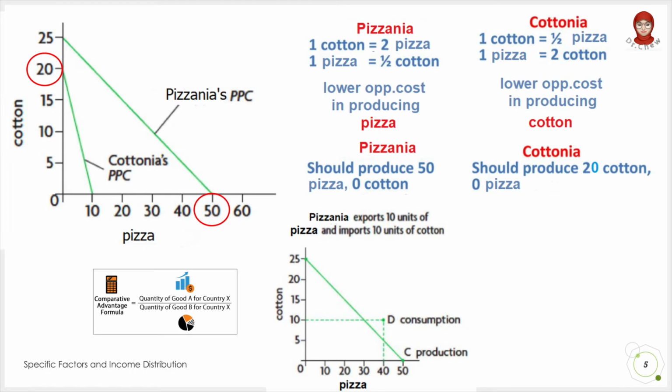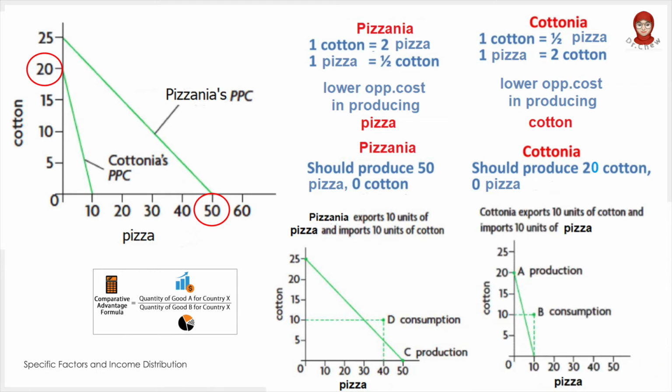We assume that Pisania exports 10 units of pizza and imports 10 units of cotton from Cotonia. When we plot this in the PPF, we can see that the consumption at point D is larger, outside of the straight line, than the initial production.